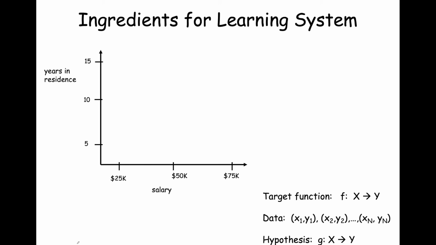We have our historical data, our label instance pairs, consisting of a label assigned by the target function in conjunction with a particular vector instantiation for a customer. And then our final best hypothesis G that best approximates our unknown target function F also maps from the space of vector instantiations of customers to the labels +1 or -1.